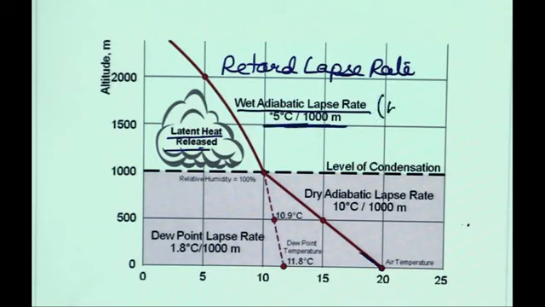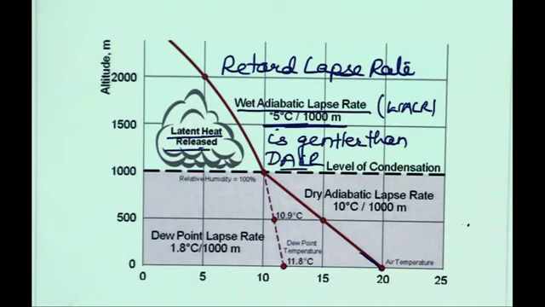What is the reason wet adiabatic lapse rate is gentler than dry adiabatic lapse rate? Release of latent heat tends to retard the rate of cooling. So please note carefully the rate of cooling of the rising air column.